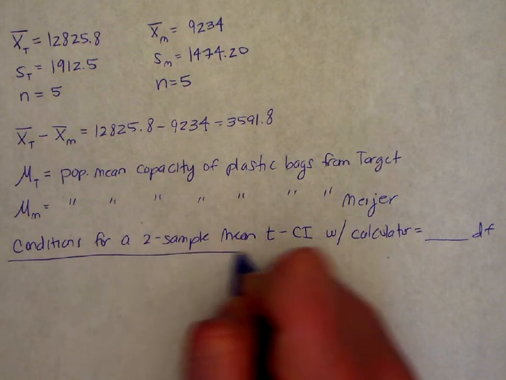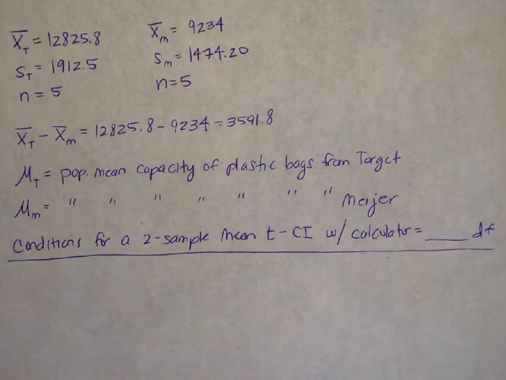So for one sample, it's just n-1. For 2 samples, there's a complicated formula that you are not responsible for using. So we're just going to have the calculator give us the degrees of freedom here, and then I'll show you how to handle that when we get down to the formula. But you do have to specify what degrees of freedom you're using.